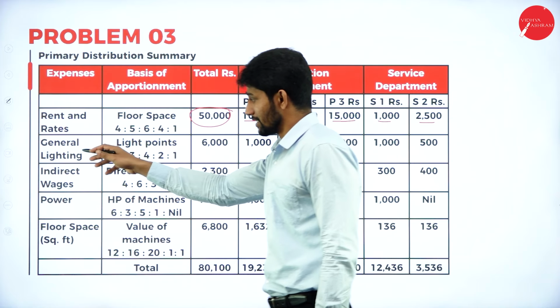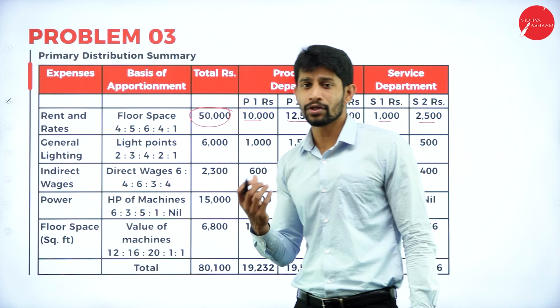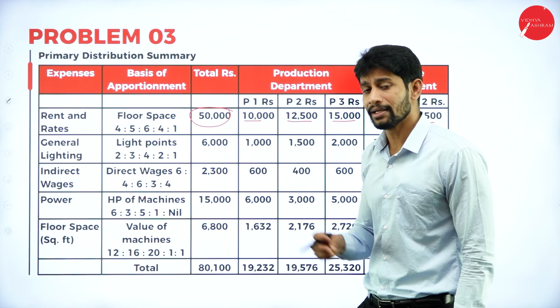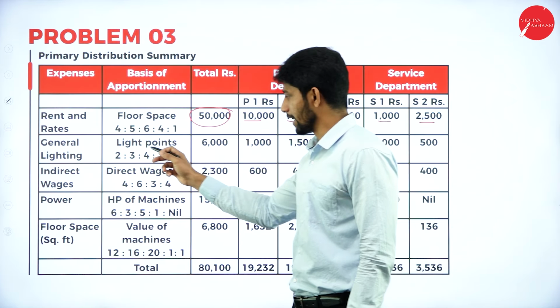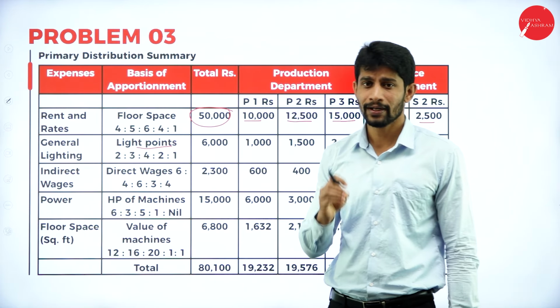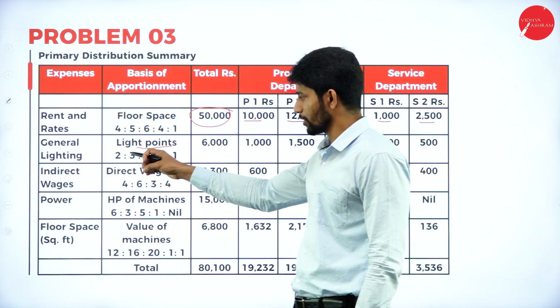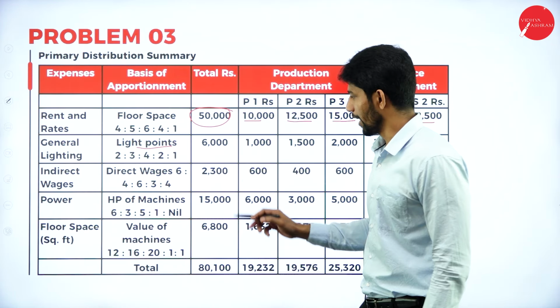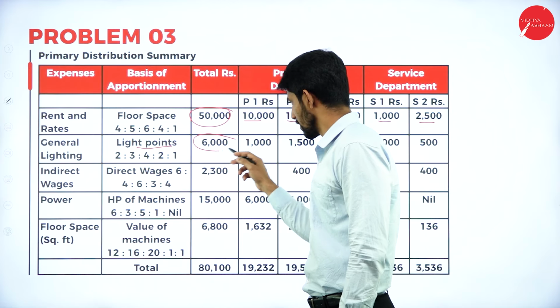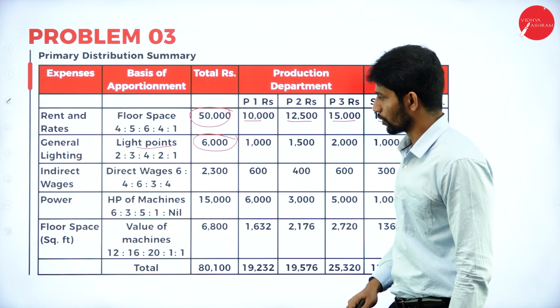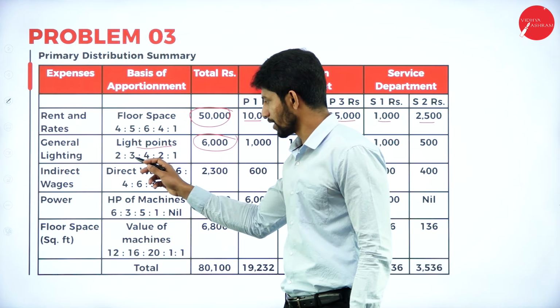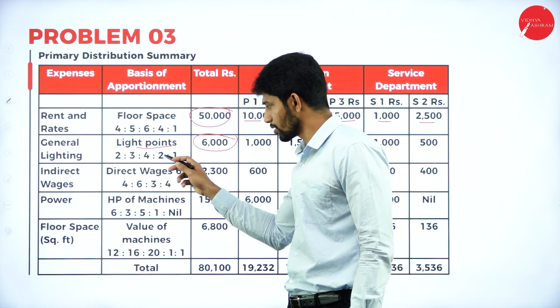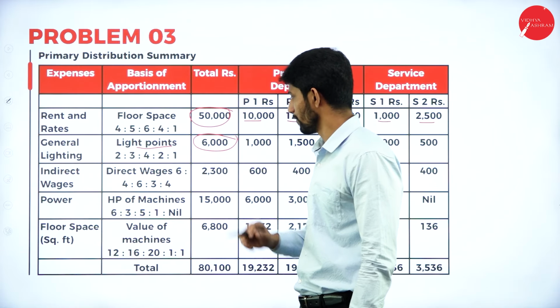Next, general lighting. How do you distribute the expenditure with respect to lighting? Based upon the lighting points. The ratio is 2:3:4:2:1, and the total expenditure for general lighting is 6,000. The total is 2 plus 3, 5, 5 plus 4, 9, 9 plus 2, 11 plus 1, 12.